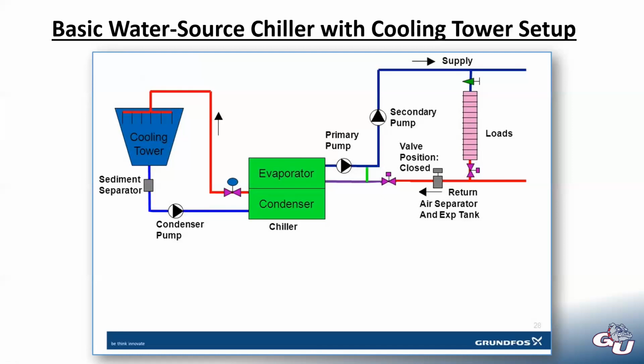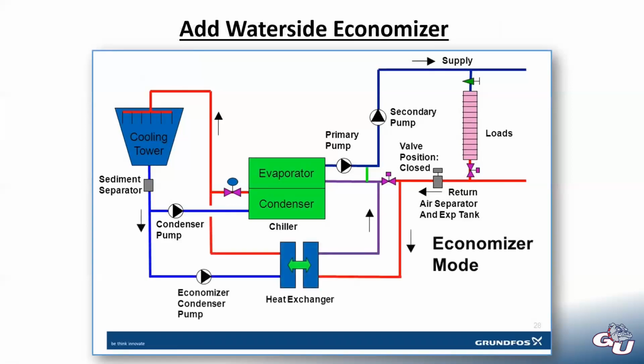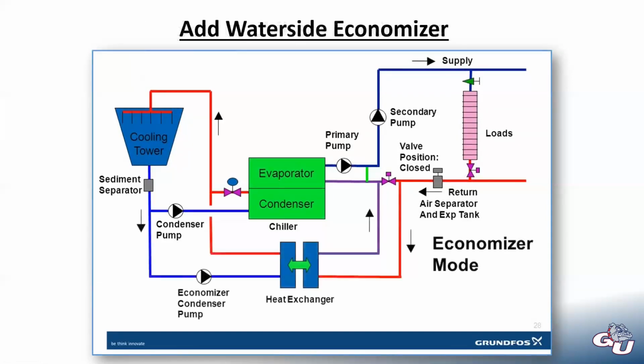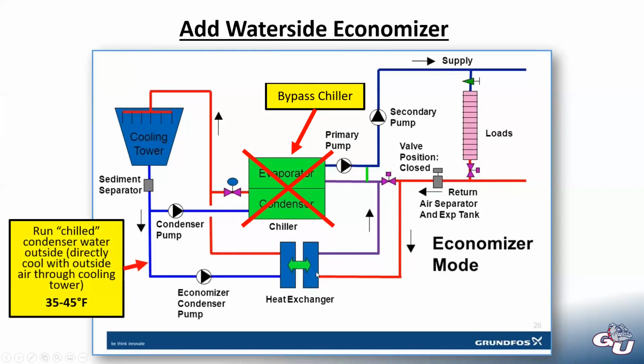So the way it differs is in an economizer mode, we are adding this loop down here. So I'll go back and forth a couple times so you can kind of see the difference. So we're adding this bypass over here with the heat exchanger. So we're going to bypass the chiller entirely and instead run water through this loop down here. So we run our chilled condenser water outside.